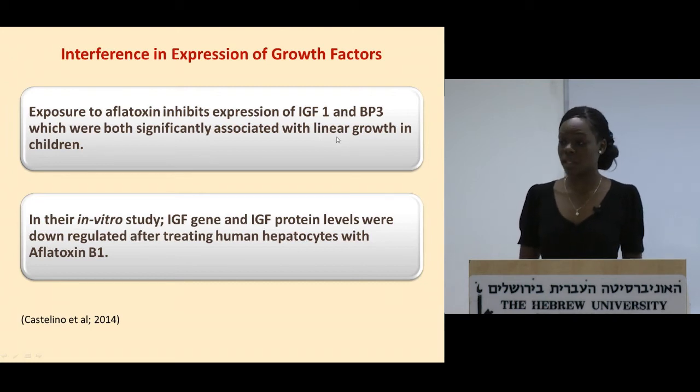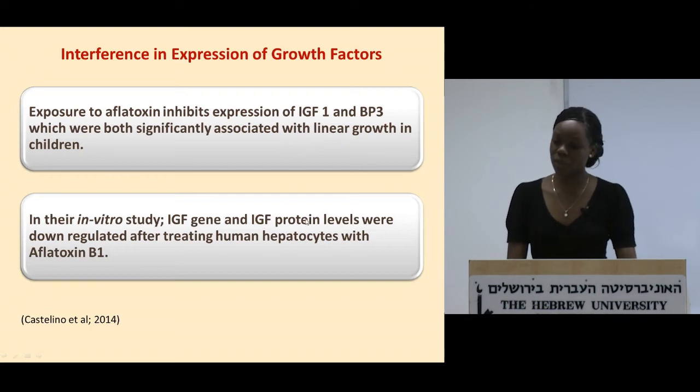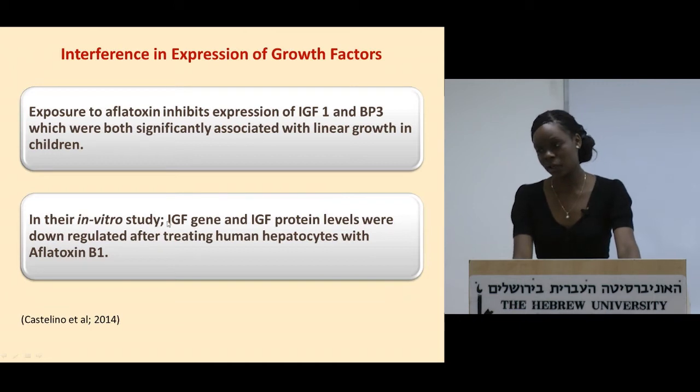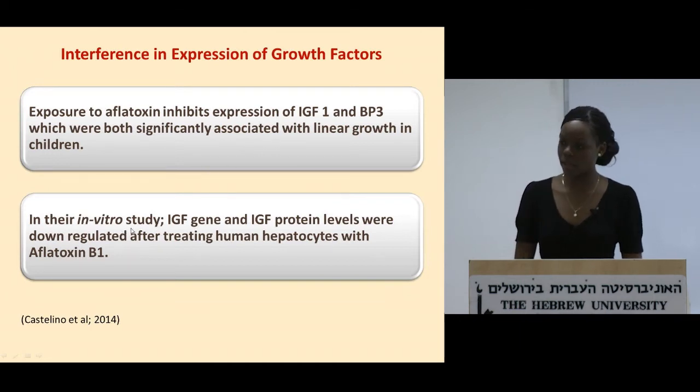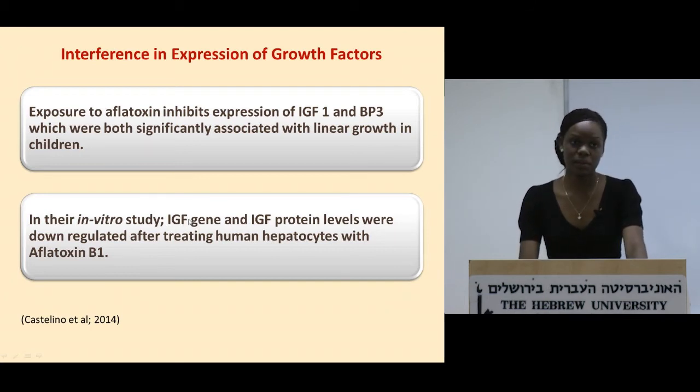And this was echoed by an in vitro study carried out in Kenya in 2014, where the insulin-like growth factor gene and protein levels were both downregulated after human hepatocytes were treated with aflatoxin B1.